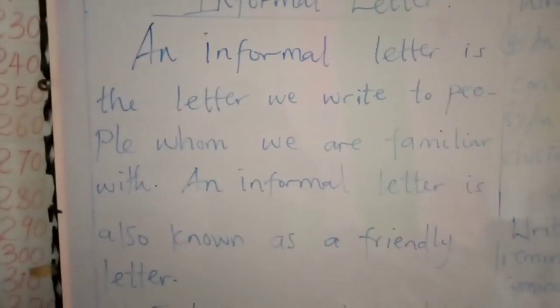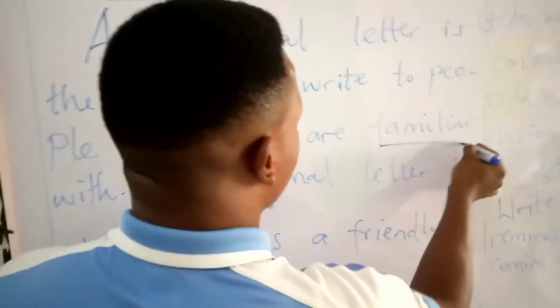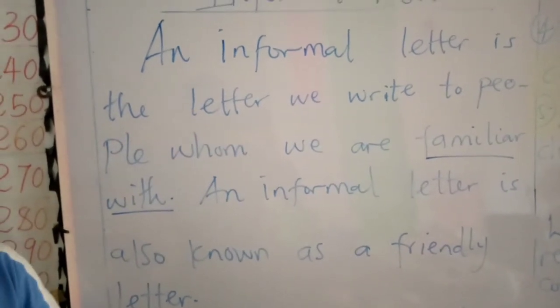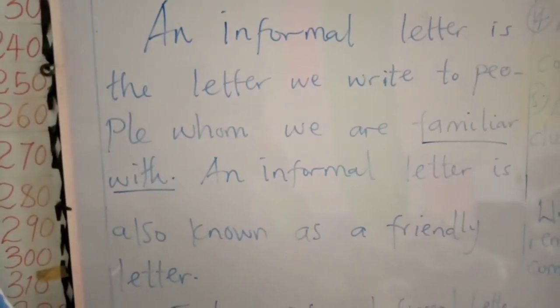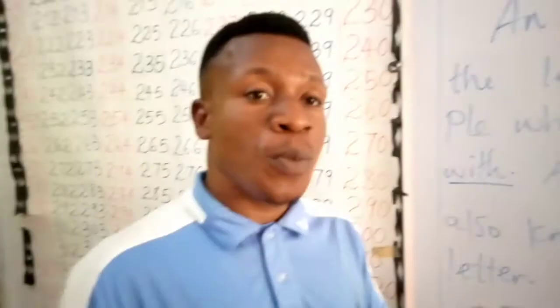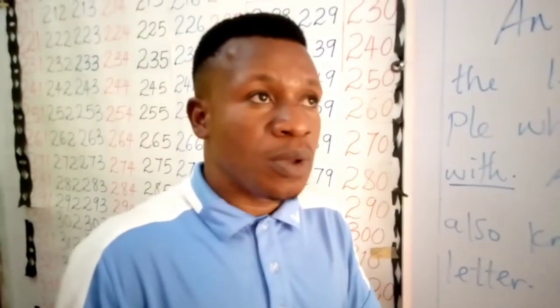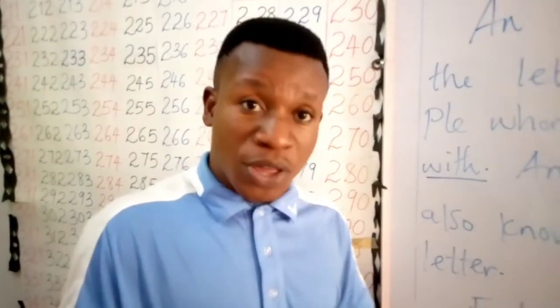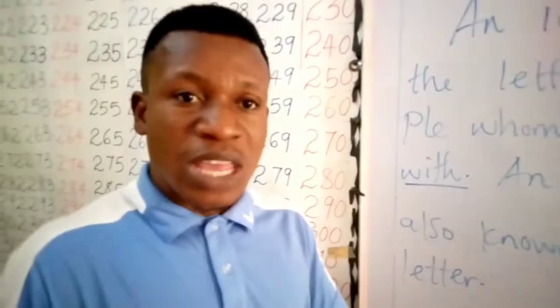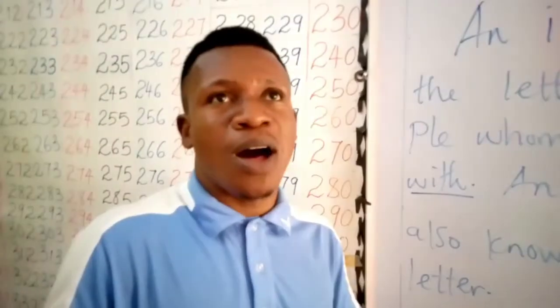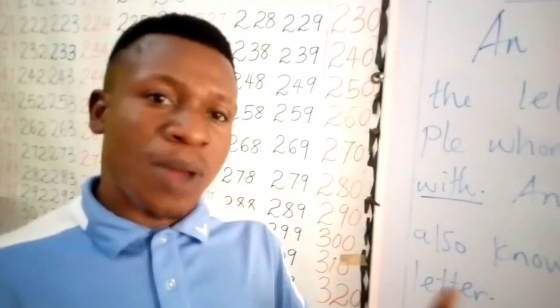Fantastic. Now, why did I say familiar with? This type of letter you write to people whom you know, people whom you have a relationship with. You relate with them in one way or the other. For example, maybe the person is a sibling, maybe your sister or your brother, maybe your cousin, your nephew, your niece, your aunt, your uncle, your mom, your dad, your grandpa, your grandma.